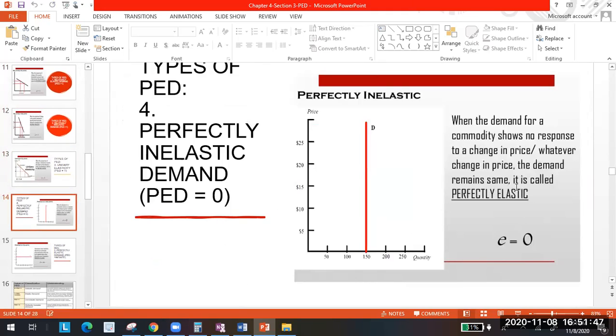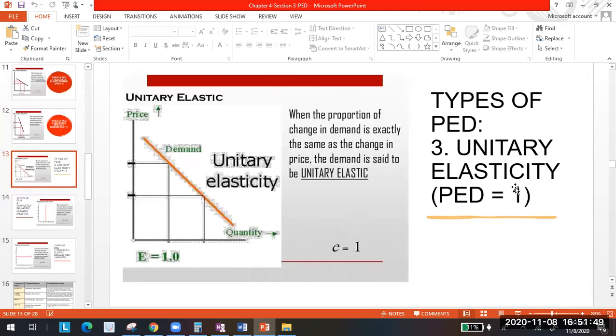So you are clear with the term, right? You remember that yesterday I gave you an example that if there is an increase in price by 10, then there is a decrease in the quantity demanded by 10 units.